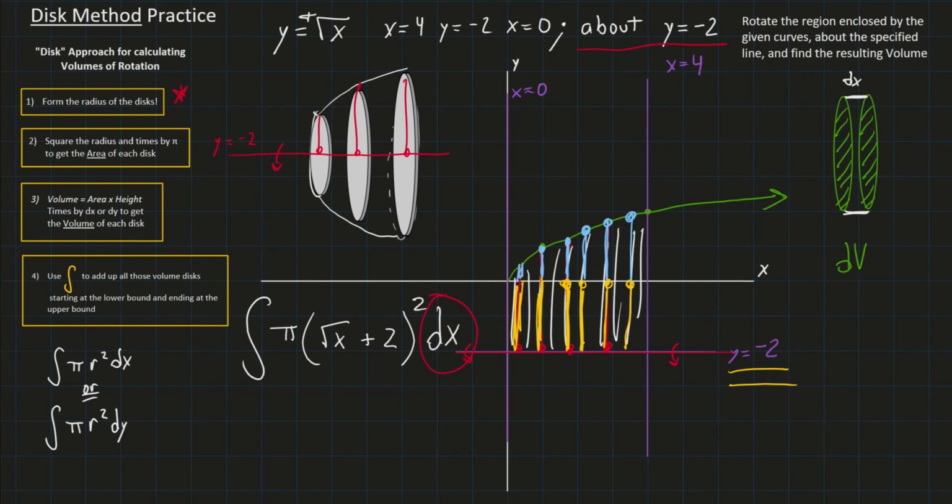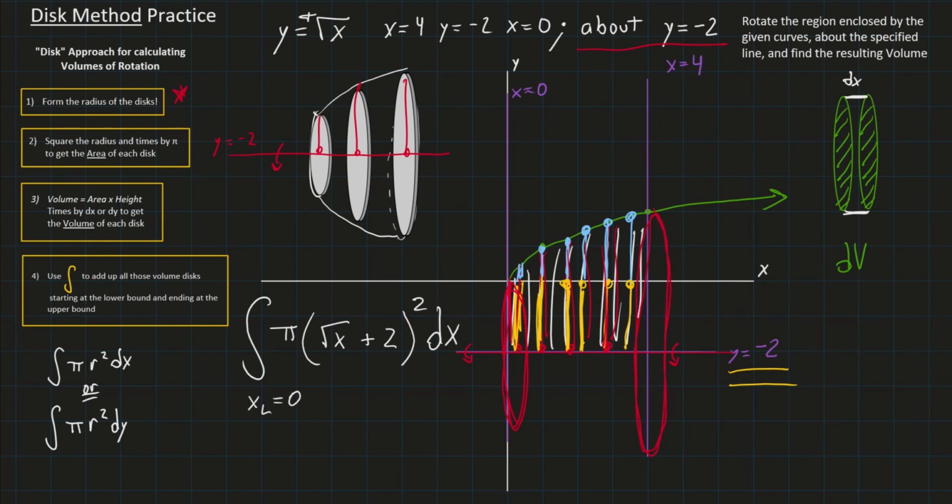And now this is an x integral. So what is my lower x? What's my starting x? Well, this disk right here will be the one at my lower x. It looks like it's at an x coordinate of 0, so my starting x is 0. And I'll add up all these disks here until I get to the final disk, which is going to be this one right here.